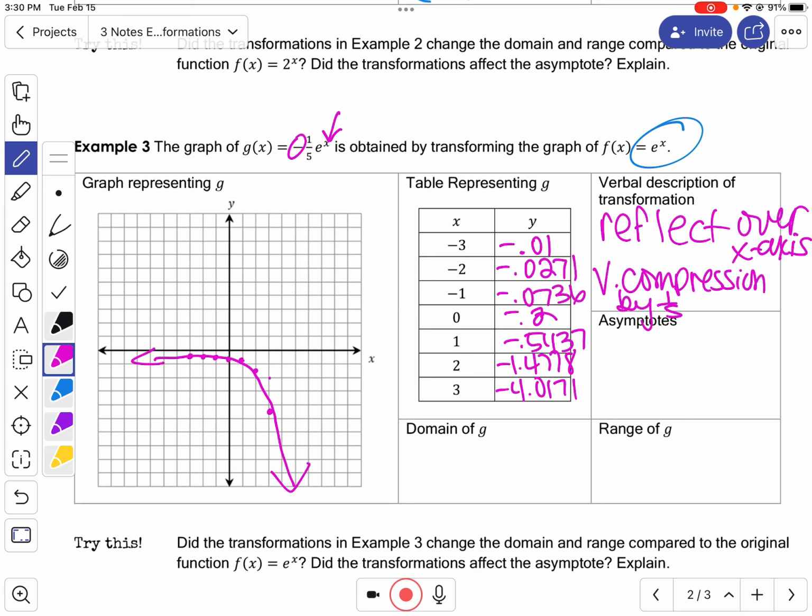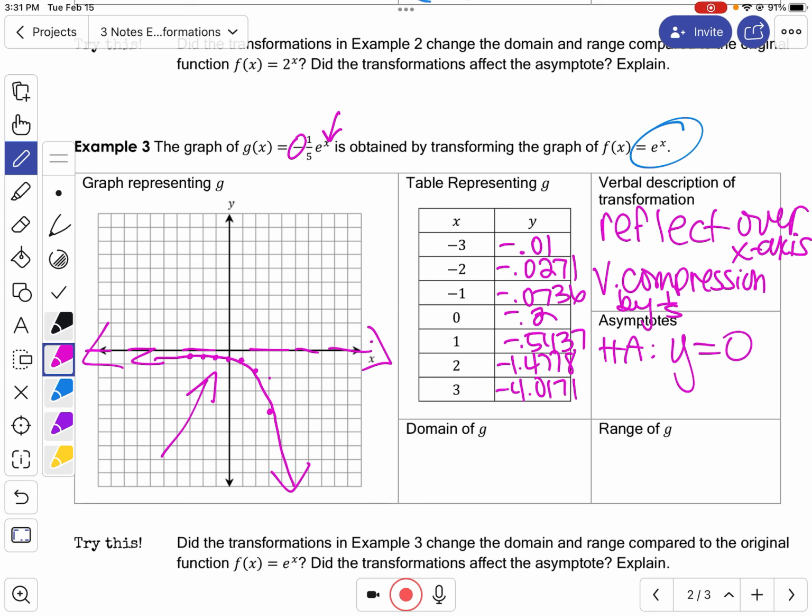Notice that as you look at these points that are right here, they're getting closer and closer to your x-axis, so you know that that is going to be your horizontal asymptote. Also, notice that since we didn't shift it up or down, it's not going to be changing our horizontal asymptote. So our horizontal asymptote will still stay at 0, y equals 0.